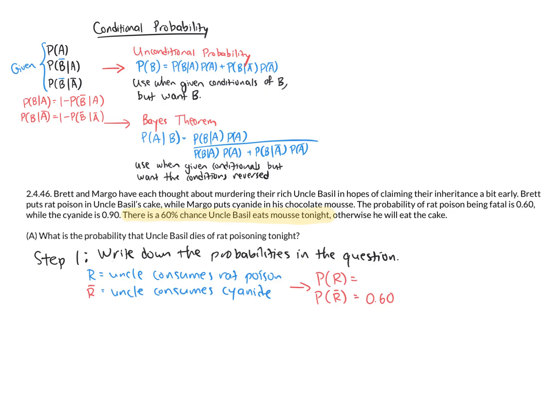So it's 60% chance that he does not have rat poison. And the remaining 40% would be the probability that the uncle eats rat poison. What about conditionals? The probability of dying if you have rat poison is given as 60%. The probability of dying with cyanide is given as 90%.